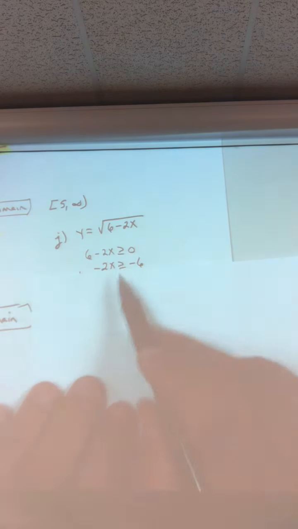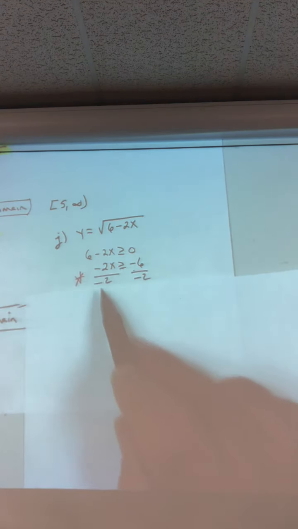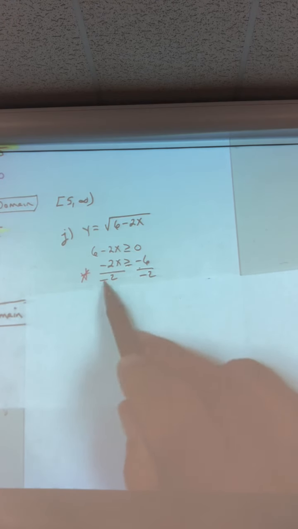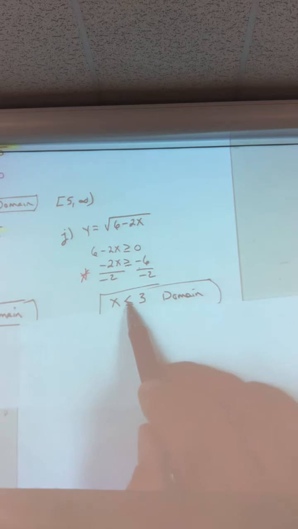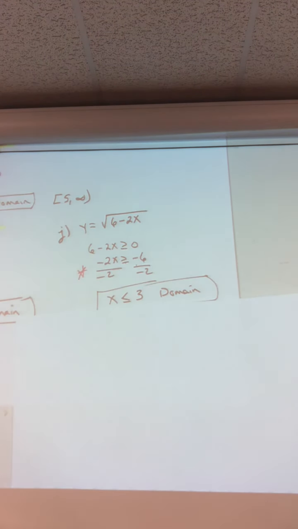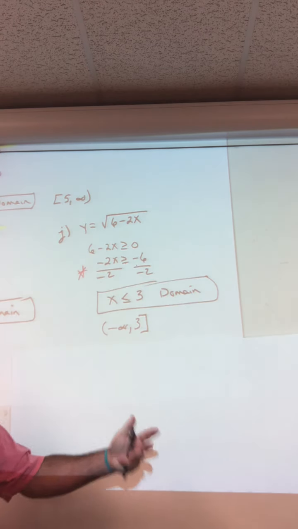Remember, in an inequality problem, if you divide by a negative, you have to flip your symbol around. So your domain now is all the numbers less than or equal to 3. So the domain there would be negative infinity up to 3.